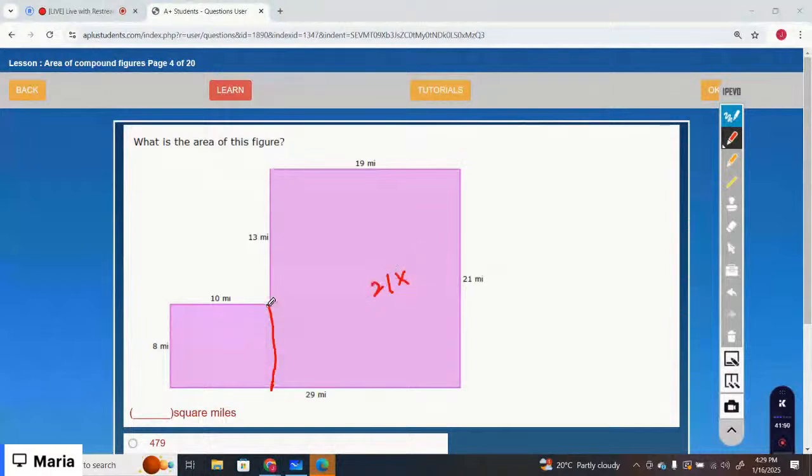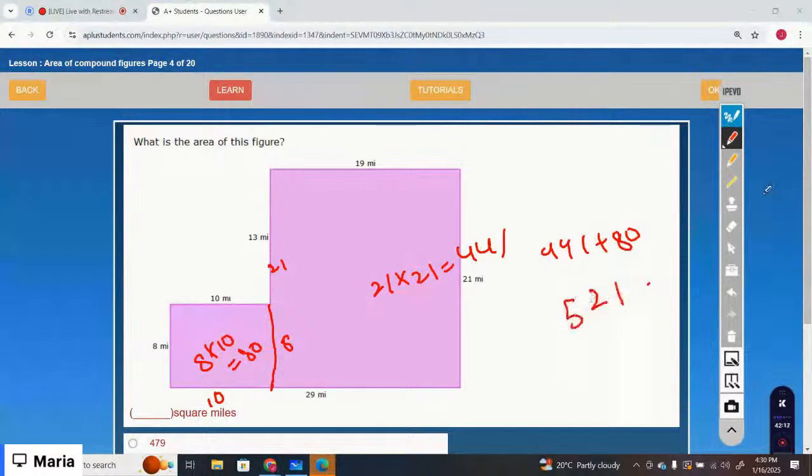From here to here, that is 13 and 8. 21 again, that is a square. 21 times 21, that is 441. This is 8 and this is 10. So 8 times 10 is 80. 441 plus 80 is 521.